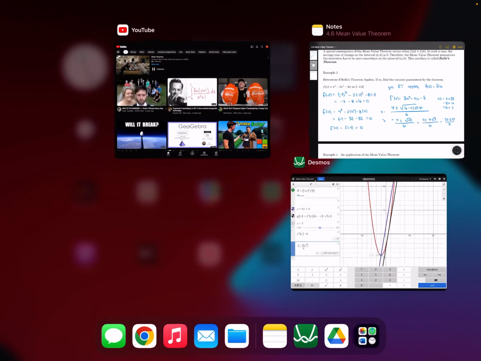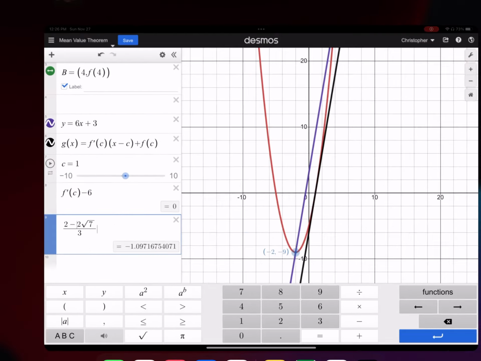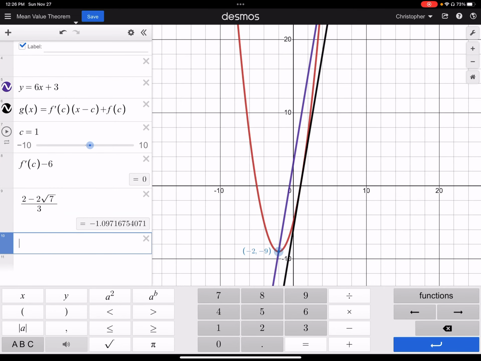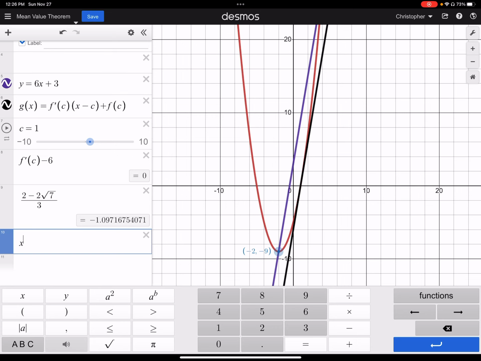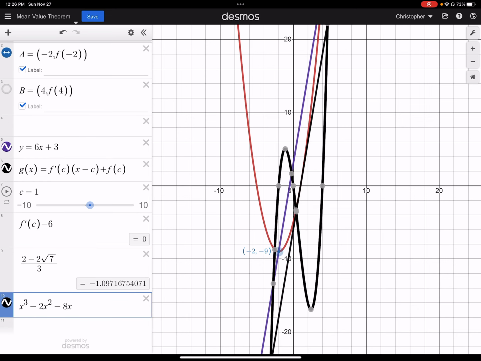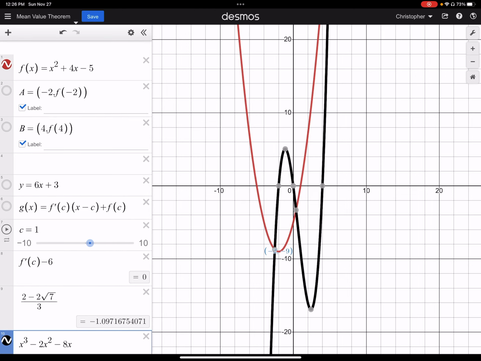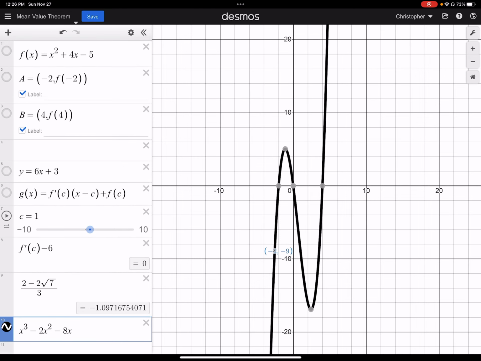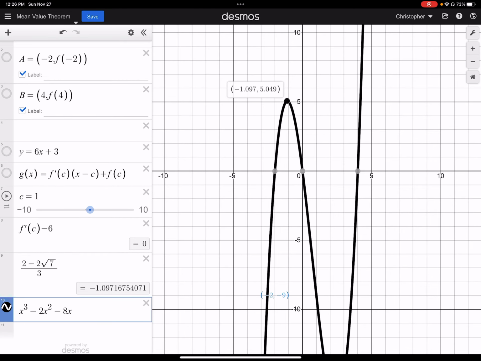But we can actually see that. Let's graph this function: x cubed minus 2x squared minus 8x. And we'll turn these other things off. So we have a maximum here.